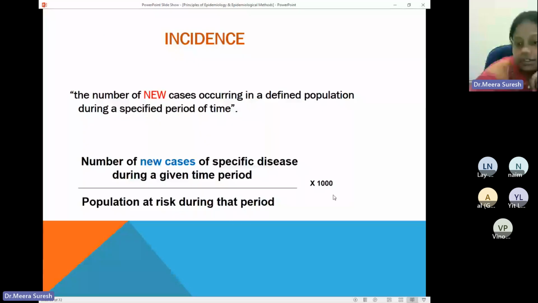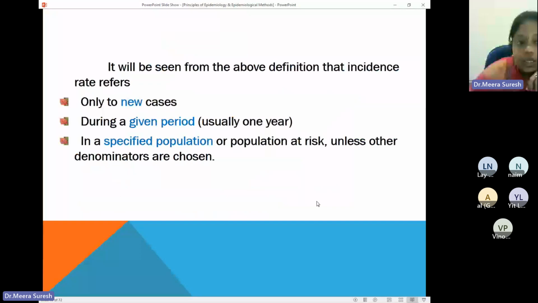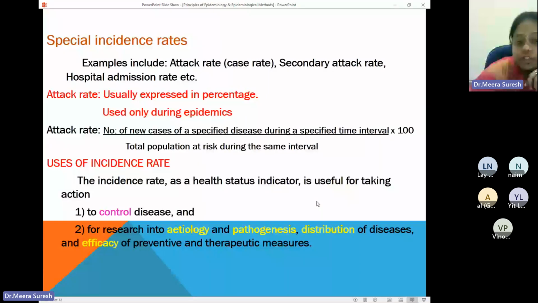Incidence is usually put per 1000, but in the case of attack rate, we express it in percentage. And this is used only during epidemics. Like case fatality rate, this is also used only during epidemics, in very acute infectious diseases. But the other one mentions death, and the attack rate mentions how many people are getting newly infected.